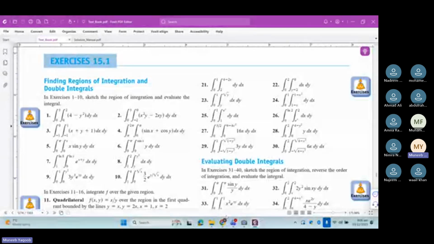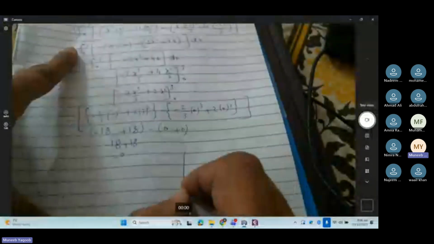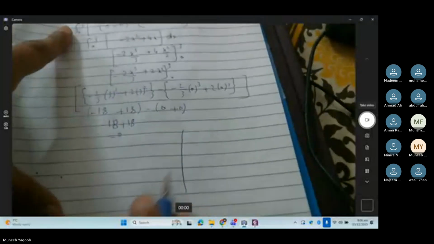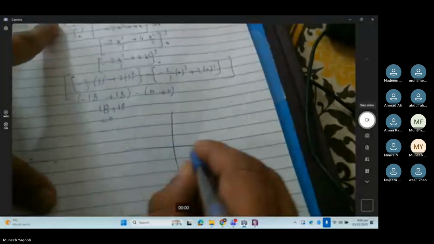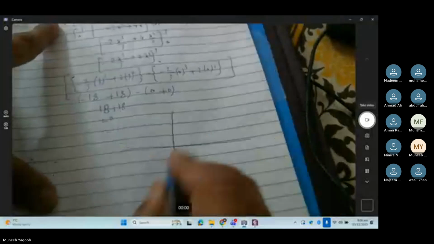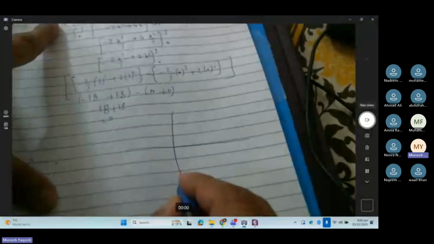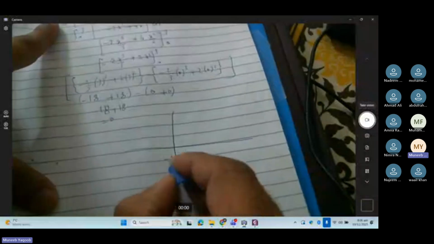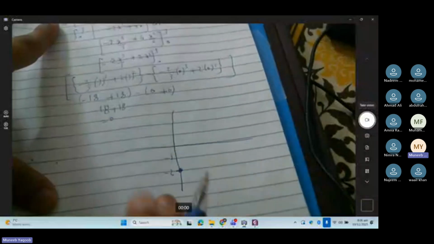Coming back to our camera, if y is from minus 2 to 0, so we will mark minus 2 on the y axis here, because if it is minus 1, then this is minus 2.